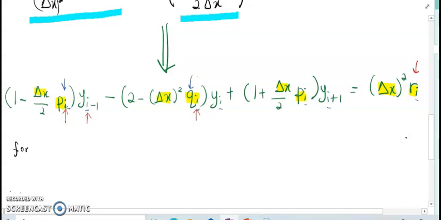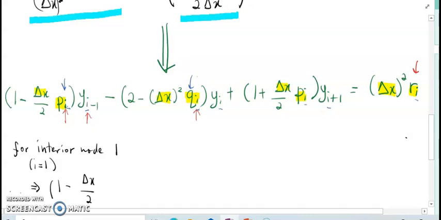So for interior node number 1, where i is equal to 1, the equation is 1 minus delta x over 2 p times y naught, minus 2 minus delta x square q times y1, plus 1 plus delta x over 2 p times y2, equals delta x square r.